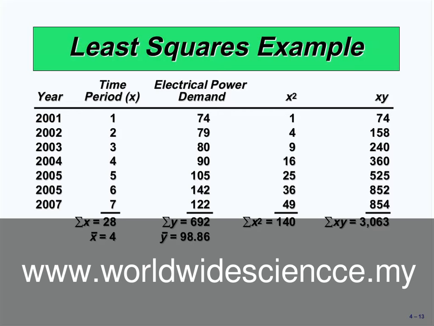We can calculate X squared and XY. XY is 1 multiplied by 74, which is 74. 2 multiplied by 79 is 158. This is XY, and we can calculate it in a separate column. X is clear and the 7 is clear. The X squared should be calculated by us.